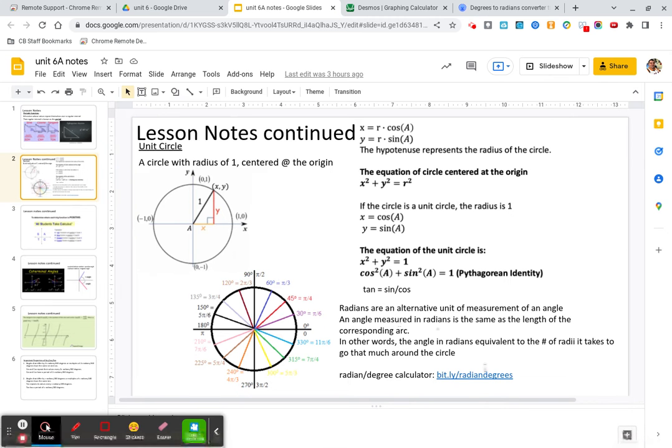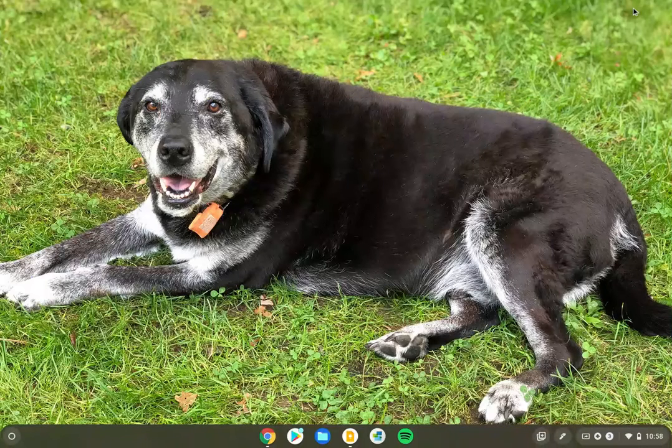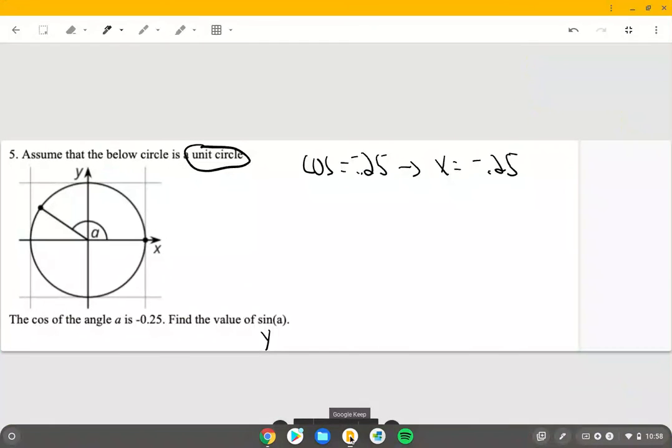So I'm going to use my Pythagorean identity, x squared plus y squared equals 1, in order to find that value. Let's go ahead and do that.